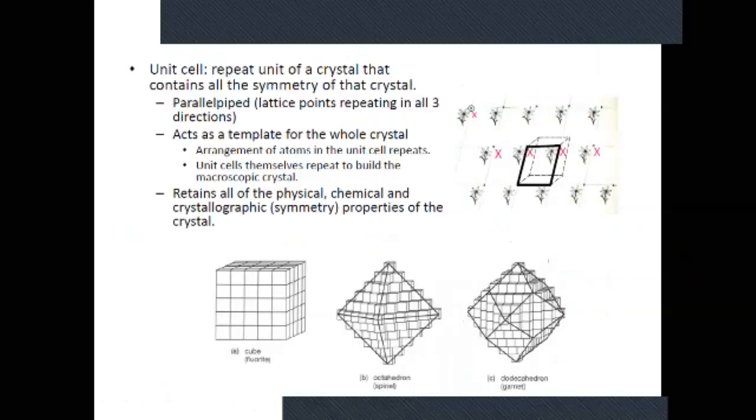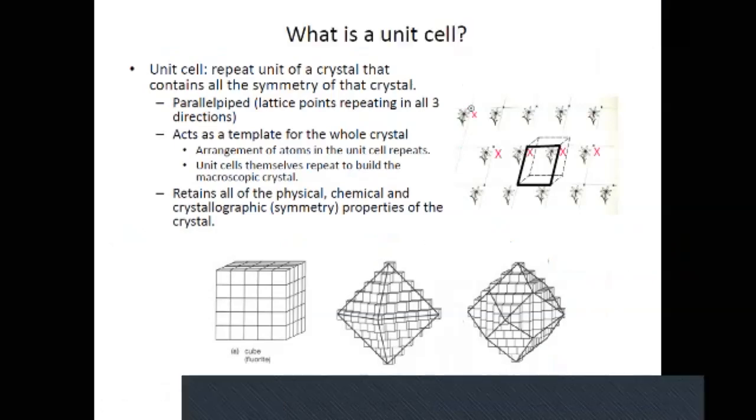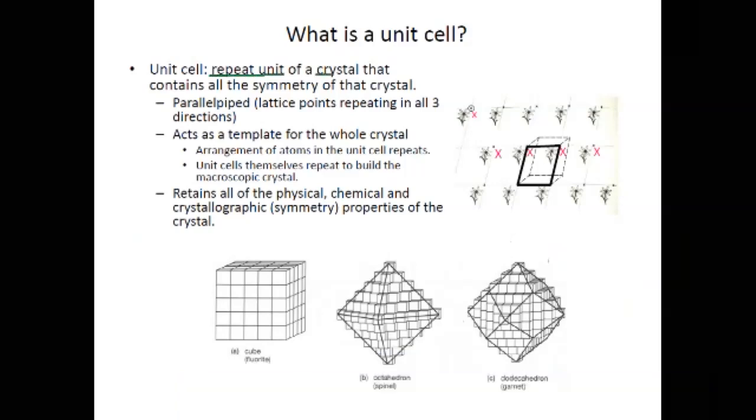So here we're talking about unit cells because it's the most important component in a crystal, because once you know what's in the unit cell, you can generate the entire crystal. And so as we said earlier, a unit cell is the basic repeat unit of a crystal. And the repeat unit means it contains all the symmetry of that crystal in the box in that unit cell.